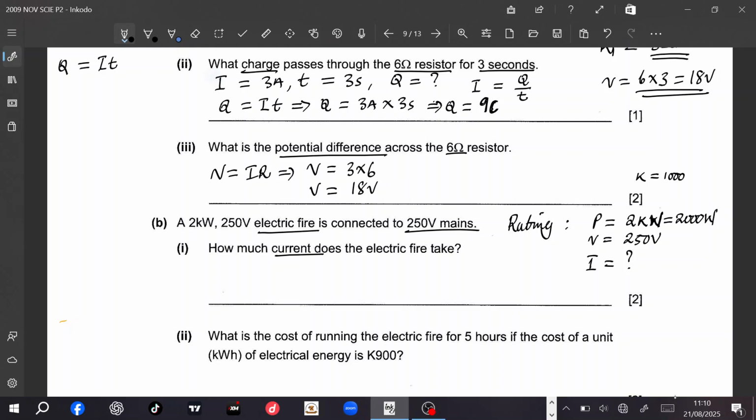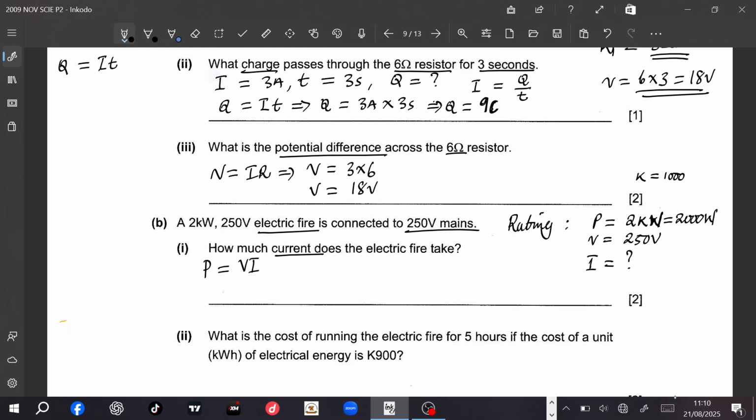So looking at the question, how much current does the electric fire take? Using this information, power, voltage, current, look for a formula which connects these three. The formula is power equals voltage times current.